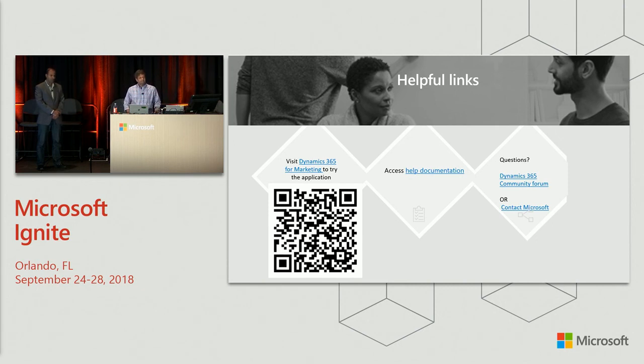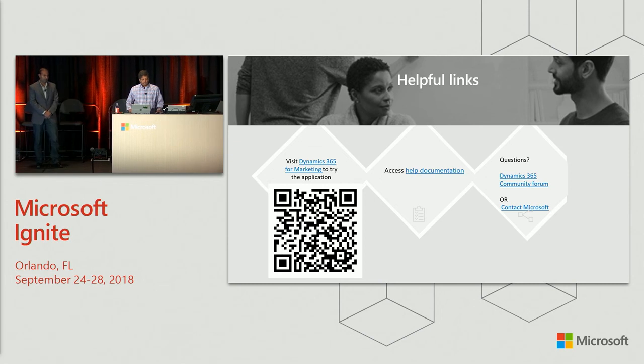Then on the customer journey and segmentation, what I'm understanding is that the campaign entity and the marketing list entity that exist in Dynamics today, you don't need to use anymore if you're using this. That's correct.